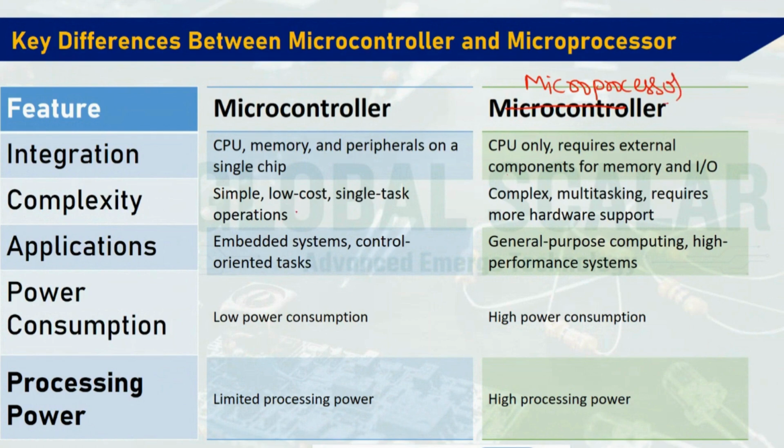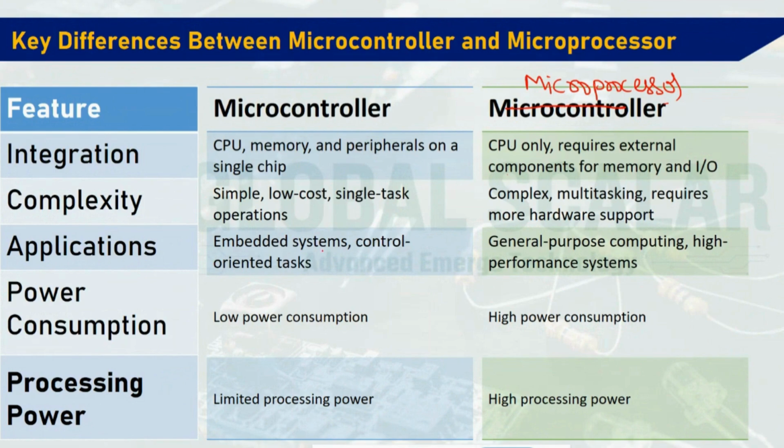Regarding complexity, the microcontroller is simple, low cost, and performs single-task operation. Depending upon the application, we are able to increase the complexity and multitasking, which requires more hardware support.